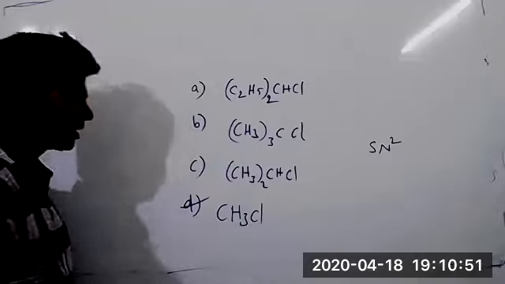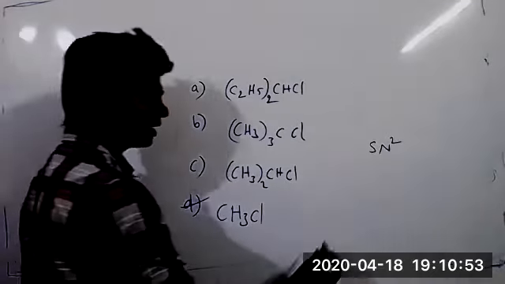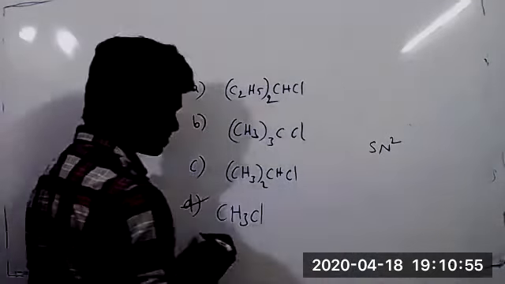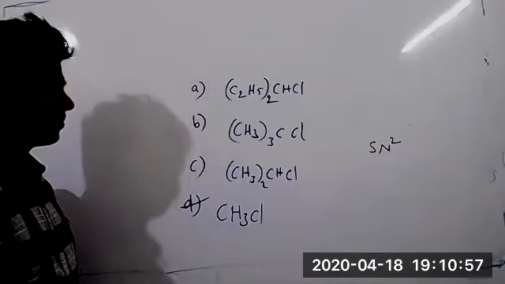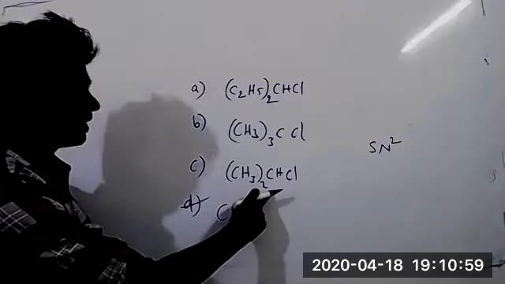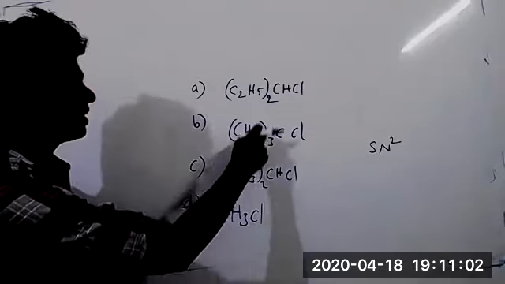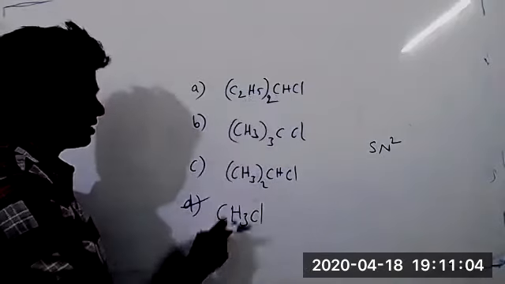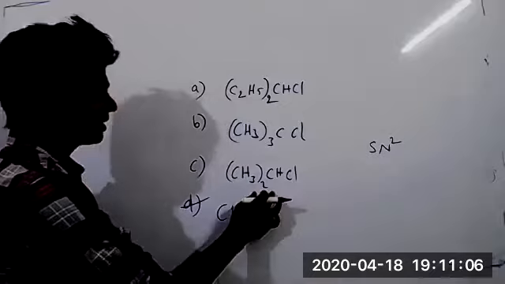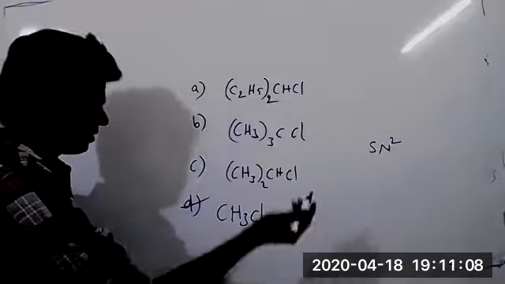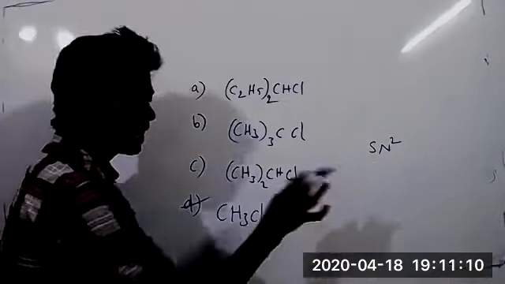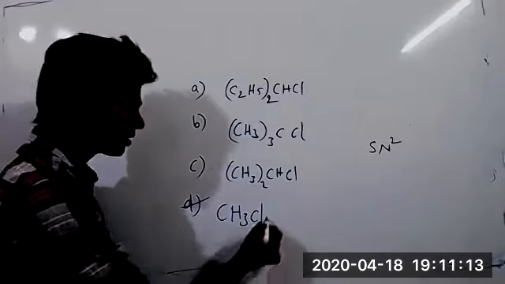D is more reactive towards SN2. That is why it gives the stereochemical inversion product. Option D is correct, because this is secondary, this is tertiary, this is secondary, and D is more reactive towards SN2. Next this, least is this. So during an SN2 reaction we get the Walden inversion product. So option D is correct.